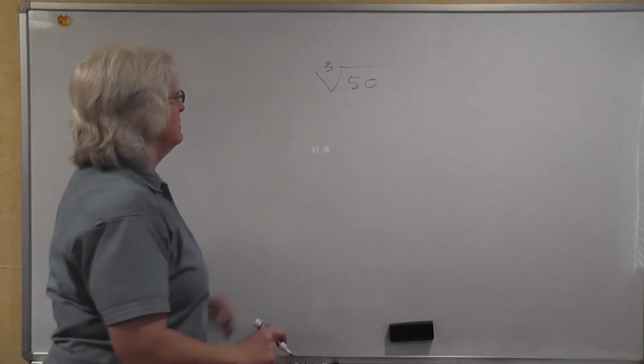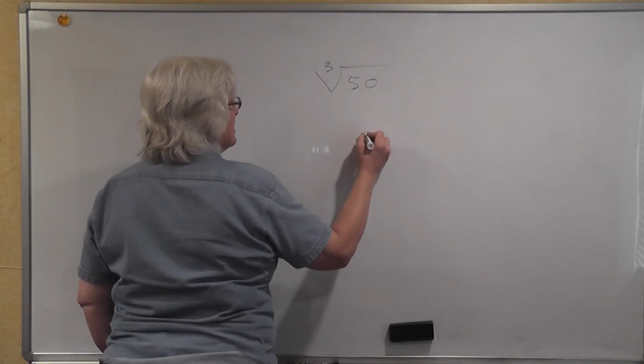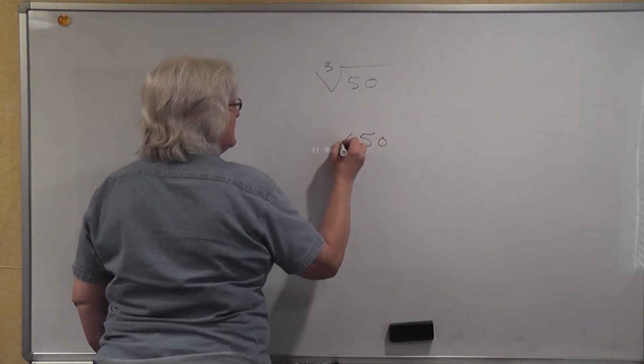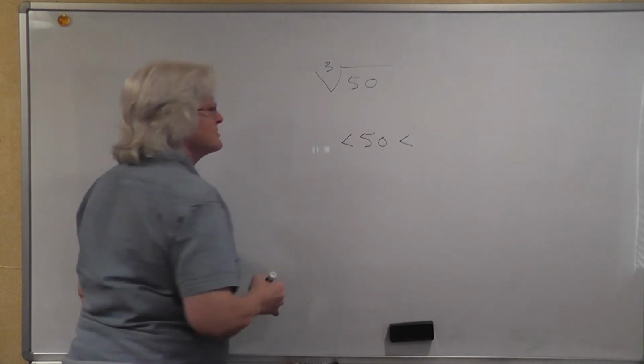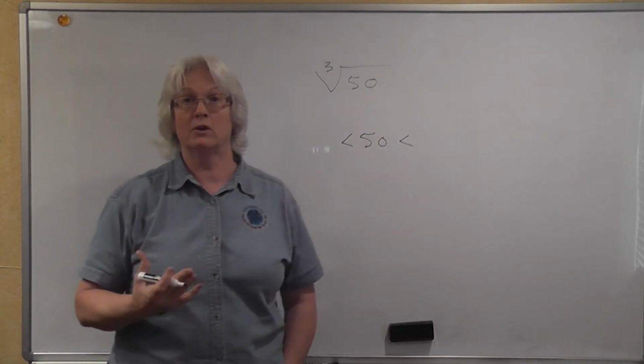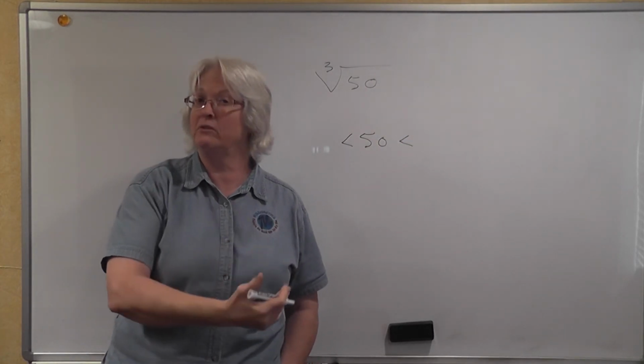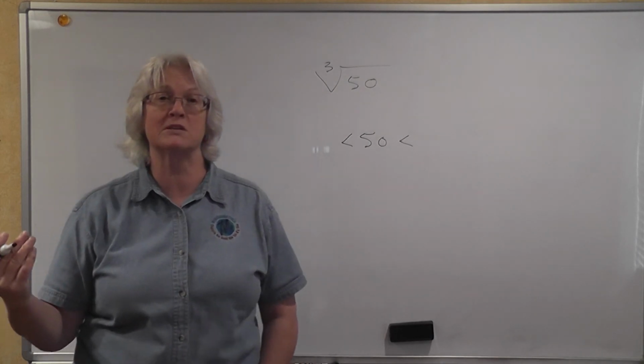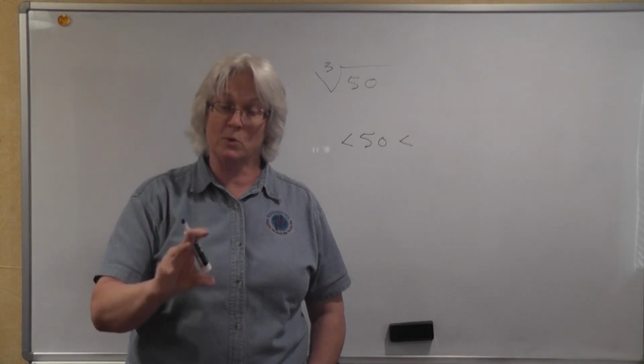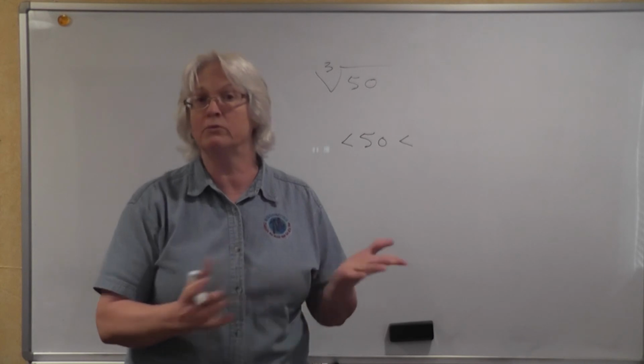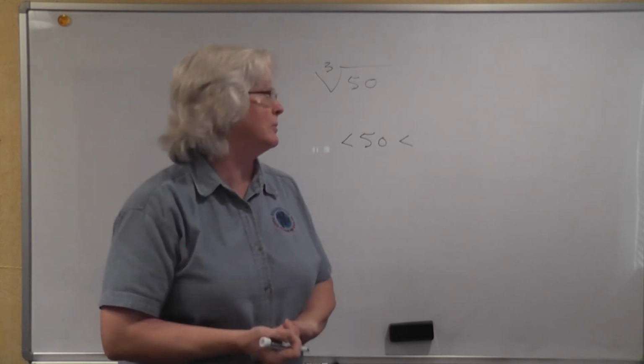So what we want to do is sandwich this 50 between two numbers that are perfect cubes. We don't learn near as many perfect cubes as we did for square roots, but if you can know them 1 through 6, that's very valuable.